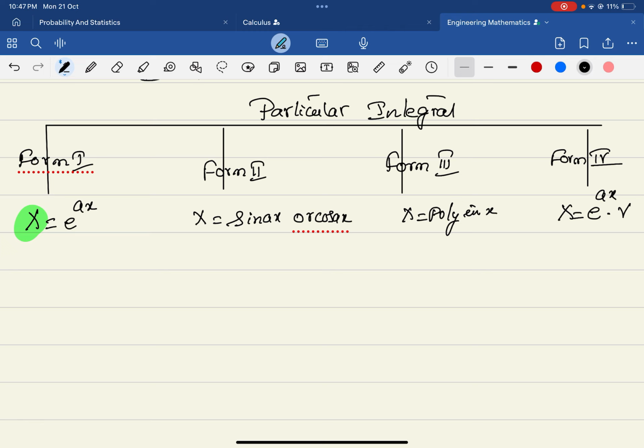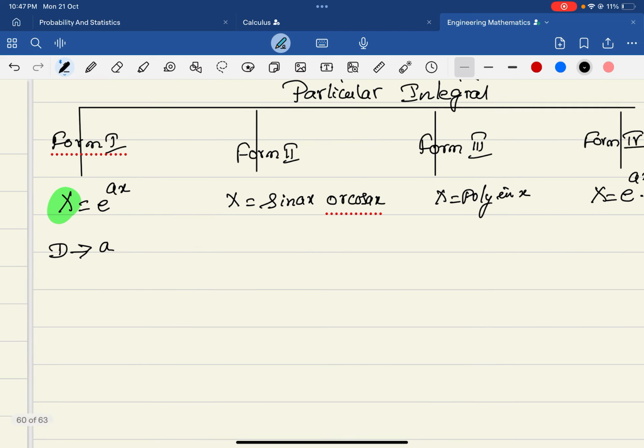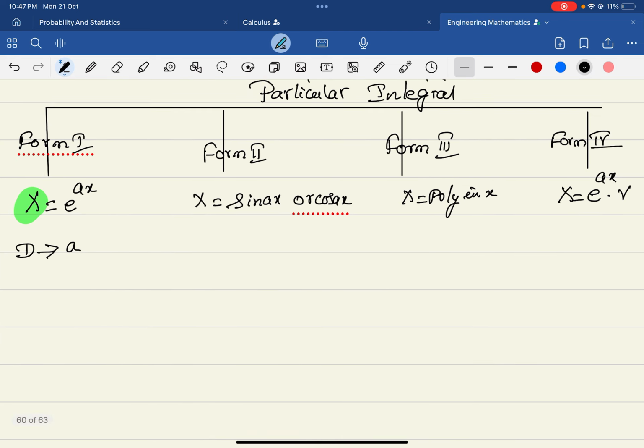Now I am dealing with form 1. In this form 1, in the place of D, you replace a. Then yp is given by 1 over f of D times e raised to ax. That will be 1 over f of a times e power ax, when D is replaced by a.